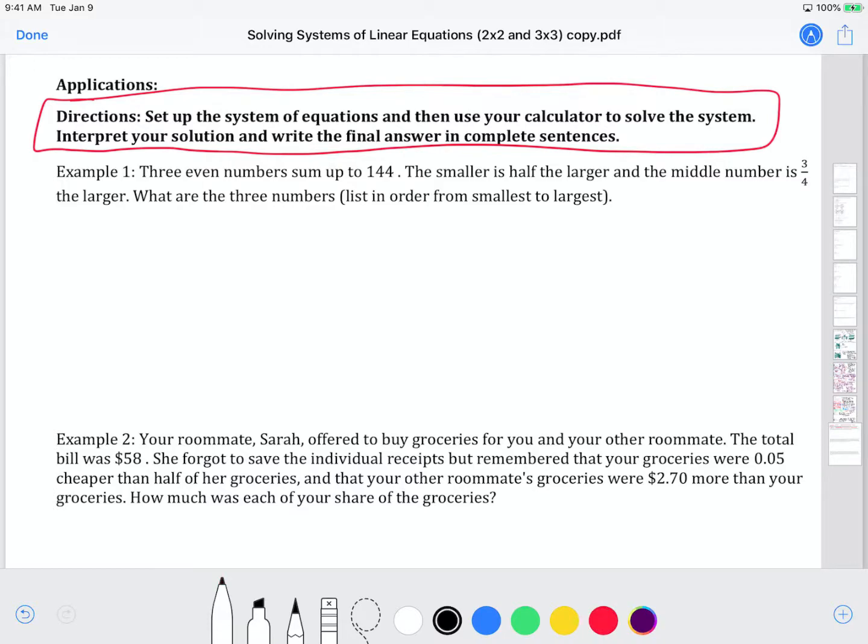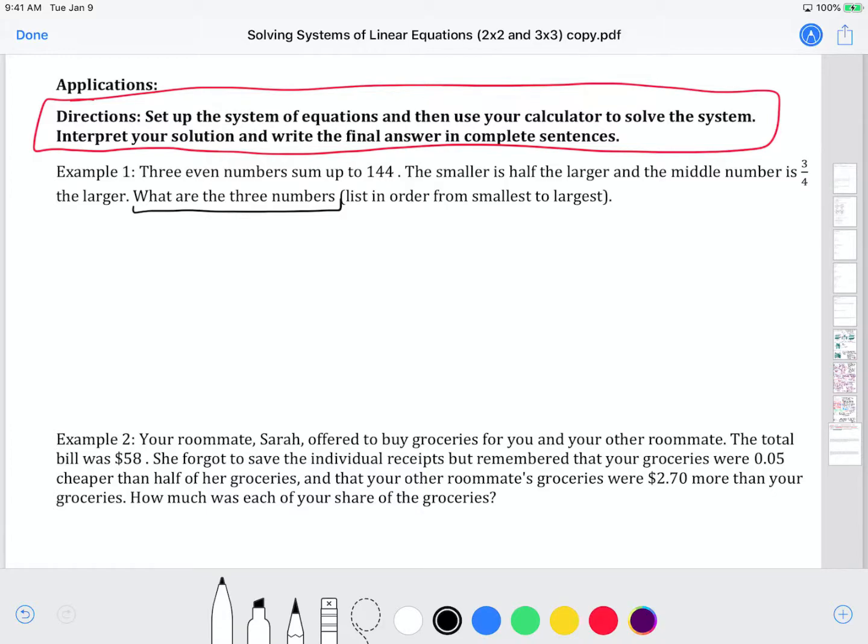So in example 1, it says 3 even numbers add up to 144. The smaller is half the larger, and the middle number is 3/4 the larger number. What are the three numbers? So this helps us figure out how to define our variables. The last sentence says, what are the three numbers?